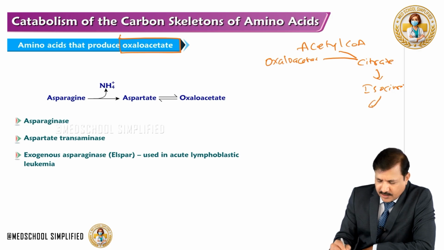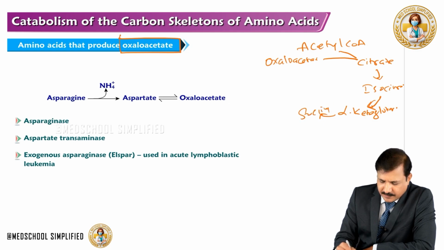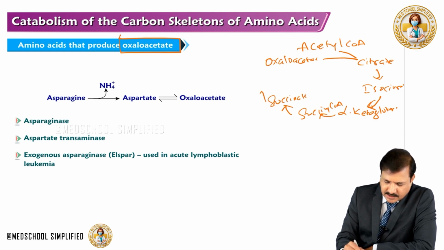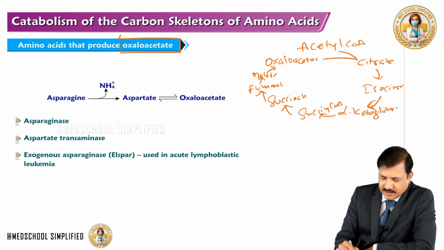Isocitrate will be converted to α-ketoglutarate. Alpha-ketoglutarate is converted to succinyl-CoA. Succinyl-CoA is converted to succinate, and succinate is converted to fumarate. Fumarate is converted to malate, and malate is converted to oxaloacetate. This is the TCA cycle reaction.